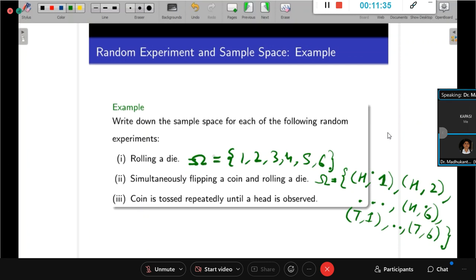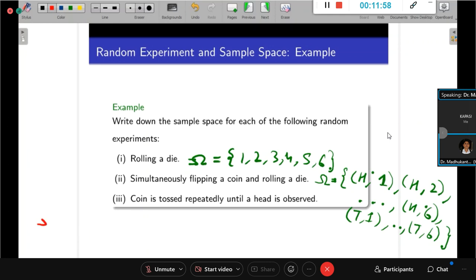The third one is: a coin is tossed repeatedly until a head is observed. It means you are now busy flipping a coin until a head is observed. So you can write that down quickly as well.